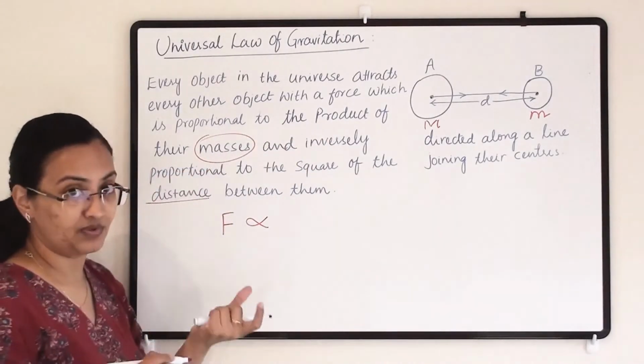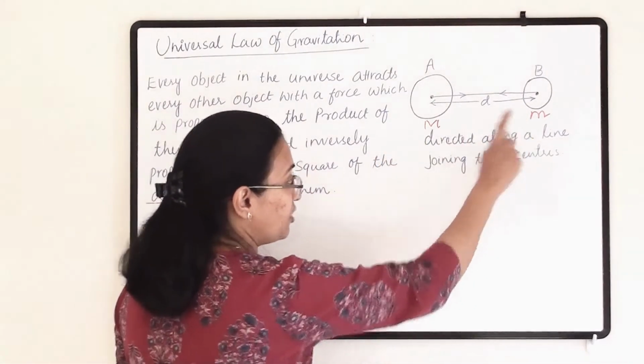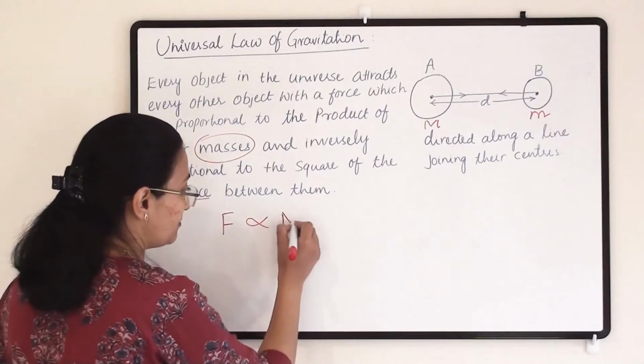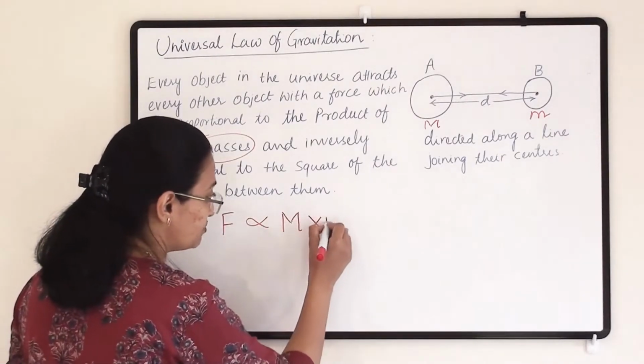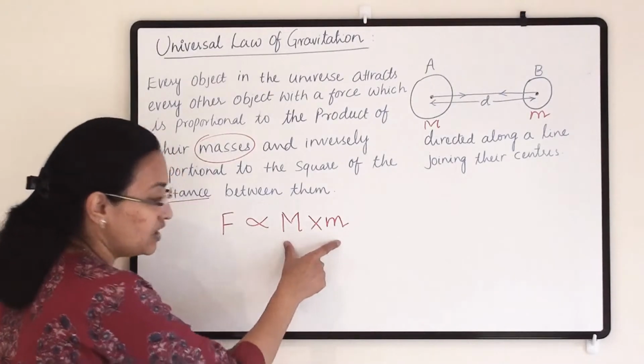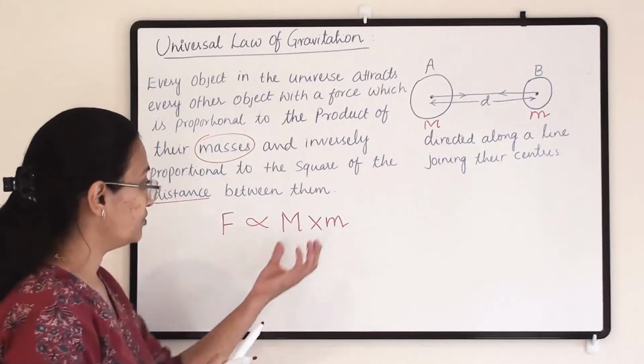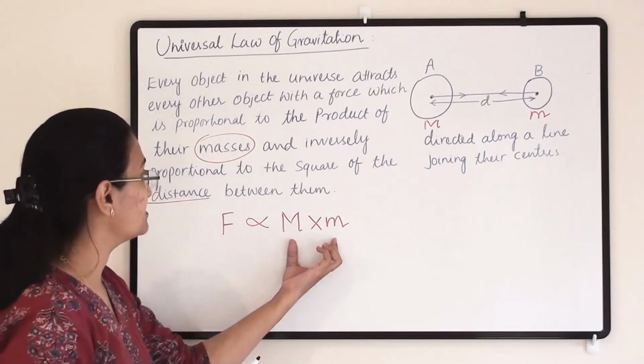Product means multiplication of their masses. This is capital M and this is small m. So both masses multiplied, we take it here.